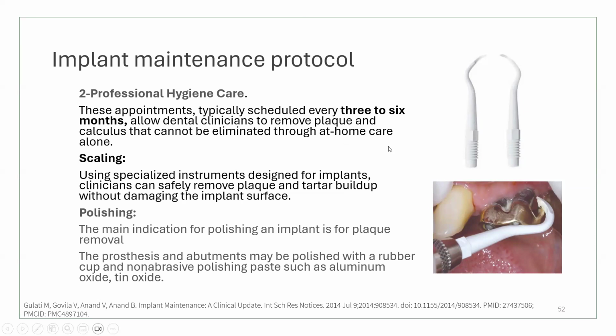The scaling, as we know, must be done with plastic instruments in order to prevent scratches of the implant body and the abutment. And the implant surface and abutment surface are already smooth enough, so we only do the polishing to remove the plaque. We can do polishing with rubber cups with non-abrasive polishing pastes, such as aluminum oxide or tin oxide.